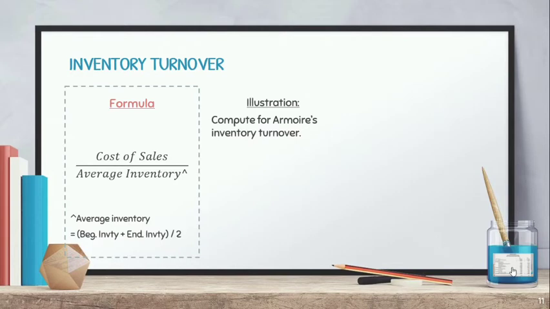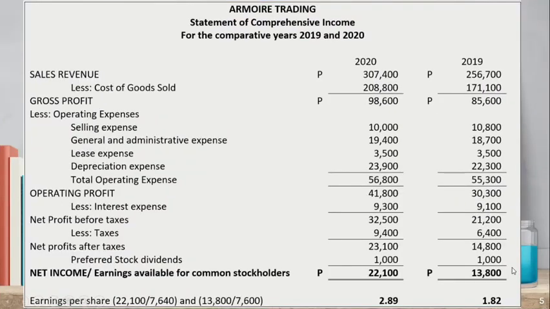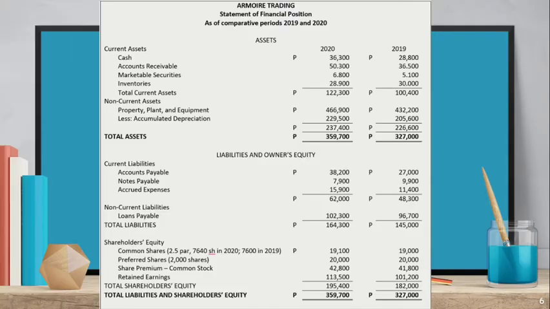So mobalik tag tan-aw sa atong balance sheet. Unsa to atong kinahanglan? Nataay beginning inventory, kaning ending sa 2019, which is 30,000. Nya, we have our ending inventory, which is 28,900.